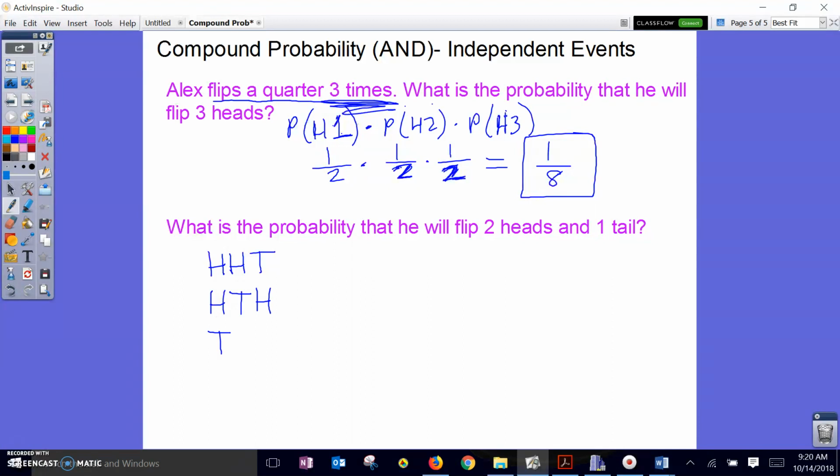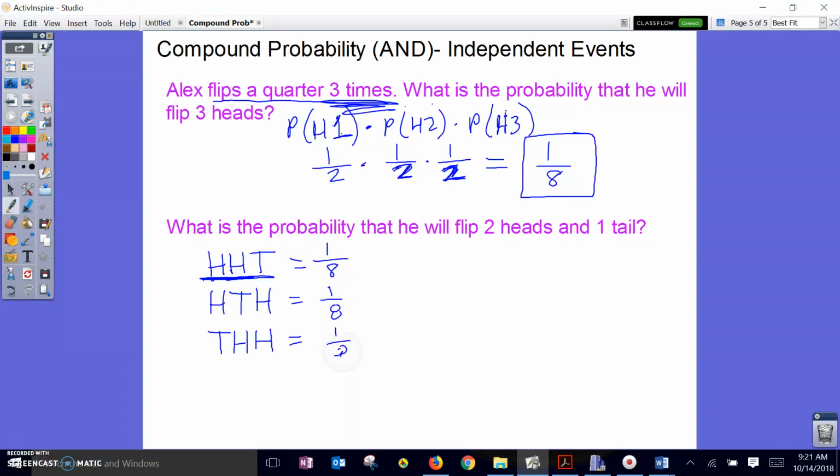Or he could flip a tails first, a head second, and a head third. So there's 3 different ways that he can flip 2 heads and 1 tail, and the probabilities of each of those are the same as the probability we found in the first part here. They're all 1/8.